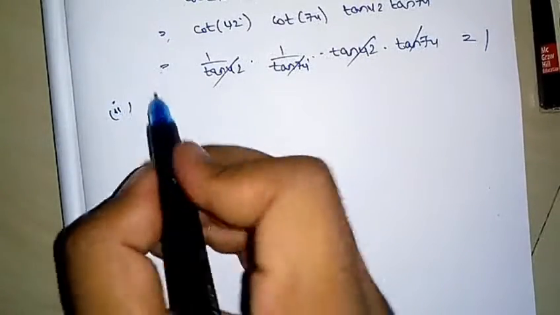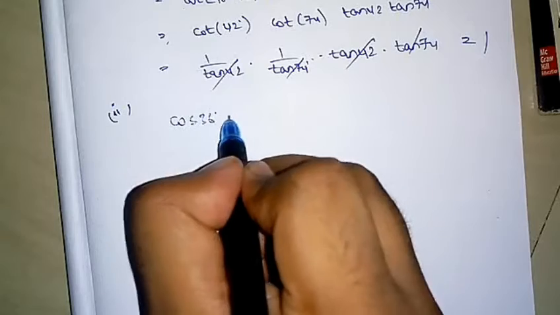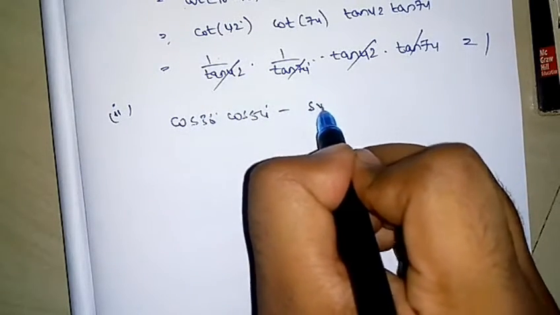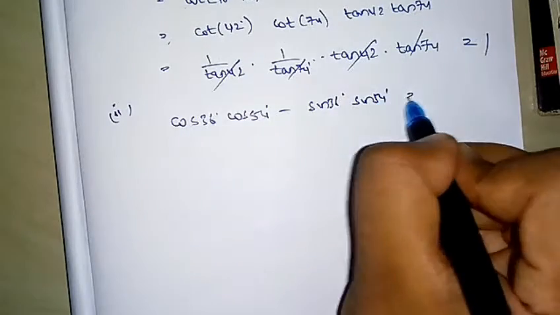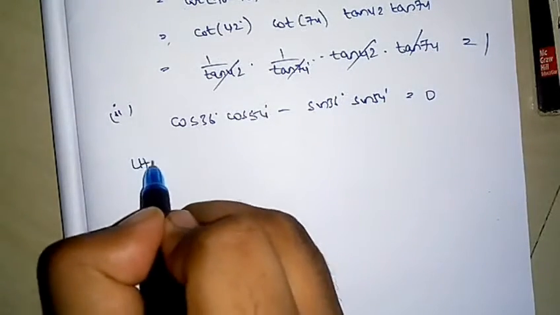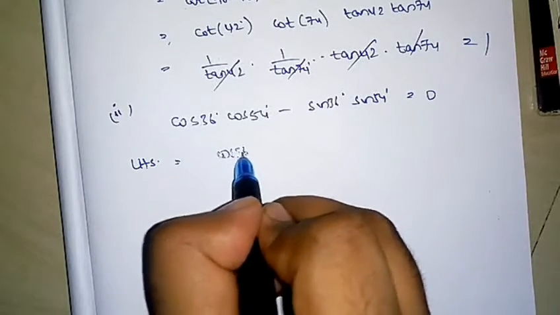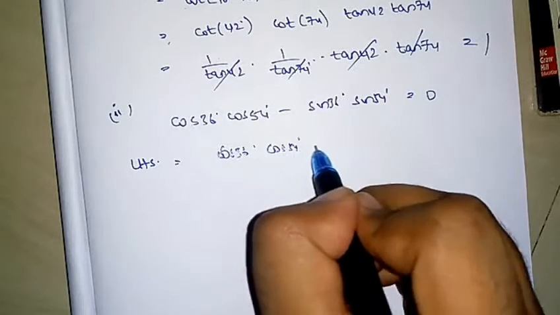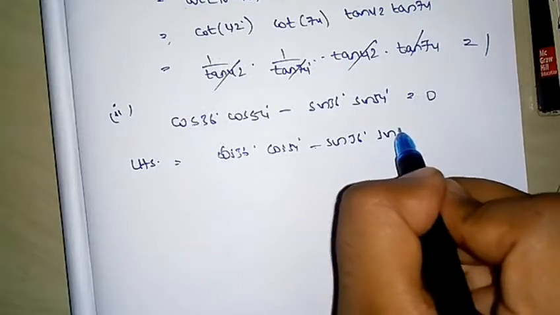Second bit, show that cos 36 degrees into cos 54 degrees minus sin 36 degrees into sin 54 degrees is equal to 0. Now LHS is equal to cos 36 into cos 54 minus sin 36 into sin 54.